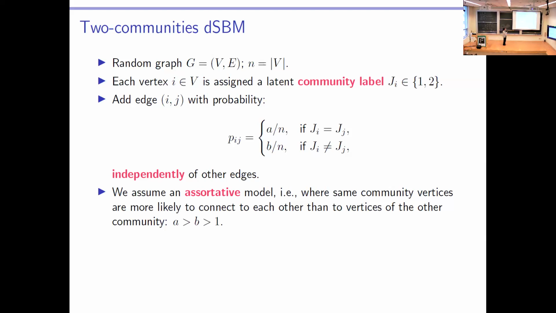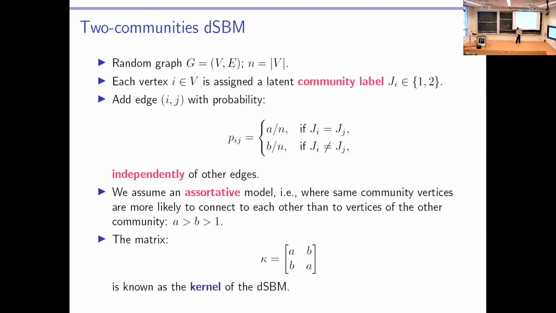As I said, we're going to focus on the assortative case, where we assume that people from the same community are more likely to be connected to each other than to people from the opposite community. Again, everything generalizes, I'm just not going to do it right now. We have the standard in the study of stochastic block models, or directed stochastic block models for that matter, which is the kernel matrix, or kernel in the general case.